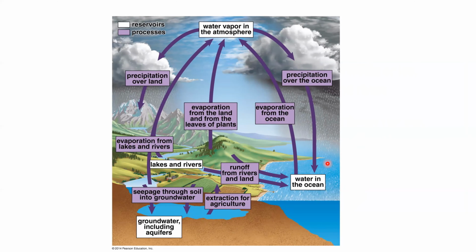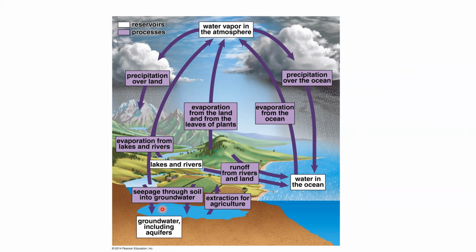If you look over here, we have water precipitating into the ocean, or it can precipitate on the land. All right, and then we also have some water returning into underground water through infiltration, right?